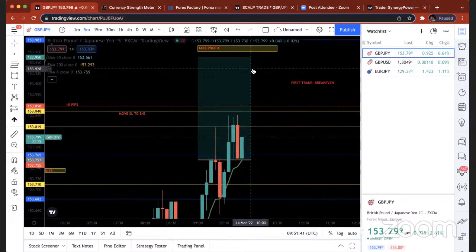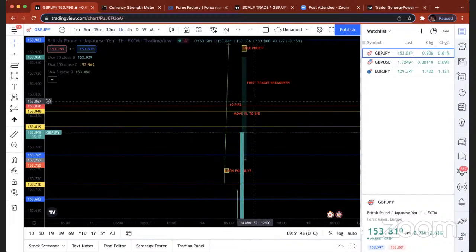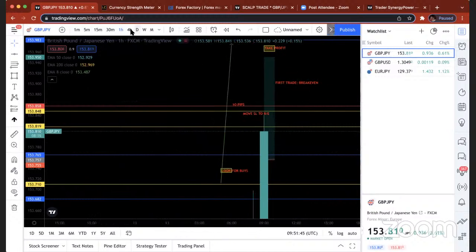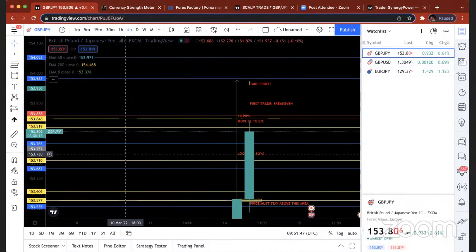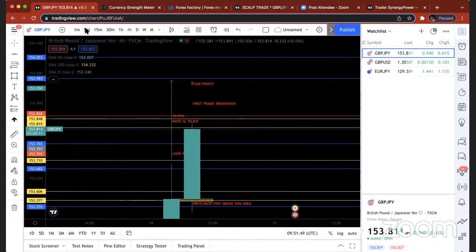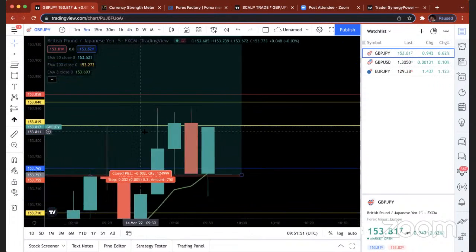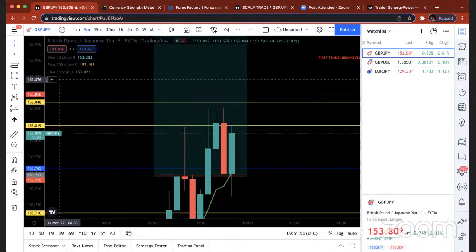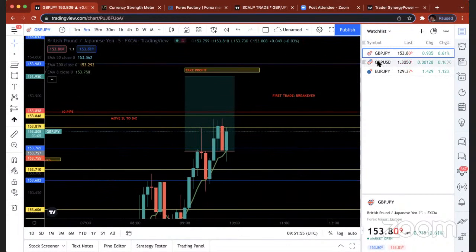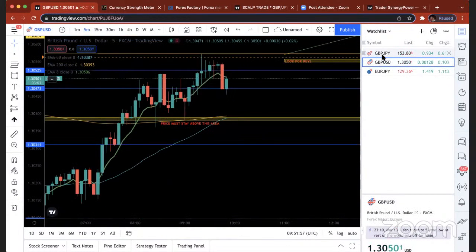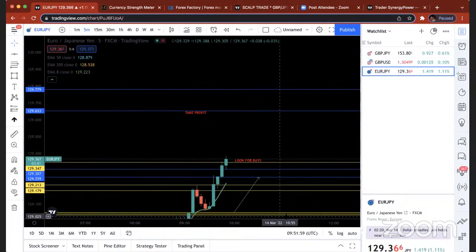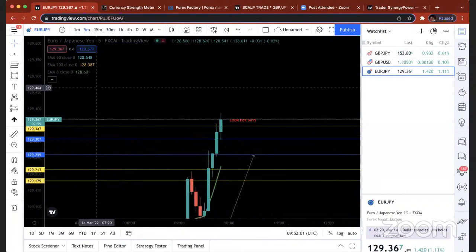Now, don't be mad if it shoots in profit. Like it is right now. Look at that, guys. Check that out. EJ might be our entry too.